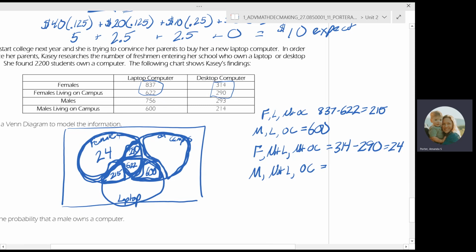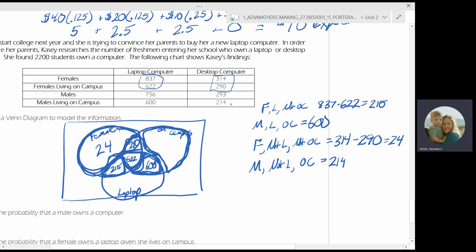So males, not a laptop on campus is 214. That is right here. So this section is 214.